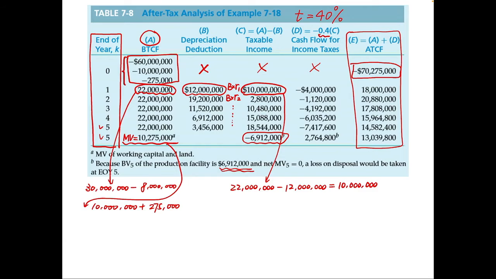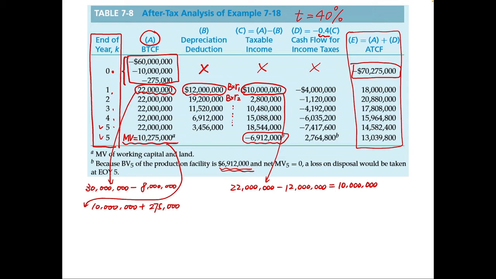So you're going to have this table, but how do you get those numbers? First, the number of years is easy because it's a 5-year project. So you have 0, 1, 2, 3, 4, 5. That's the number of years. And you also have another 5 in the end because you're going to talk about the market value. In the first column, year 0, you have 3 costs: the facility, the piece of land, and the workforce. They are all costs, so they are negative, right?